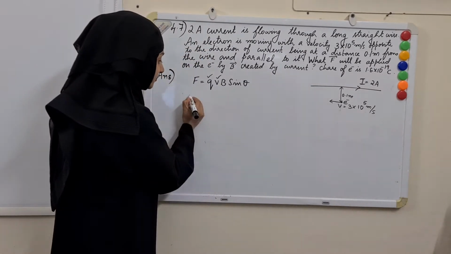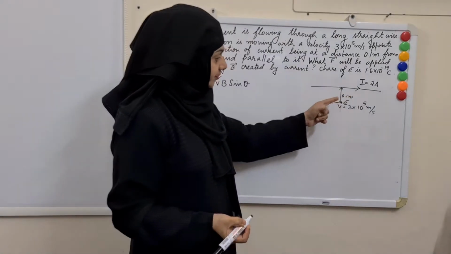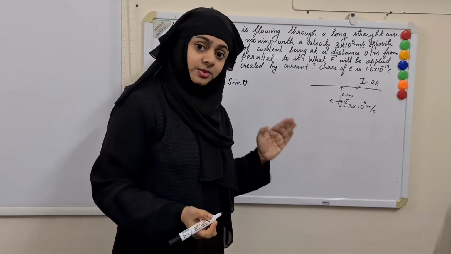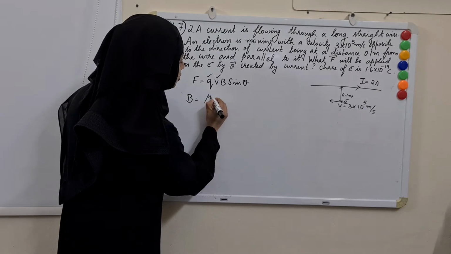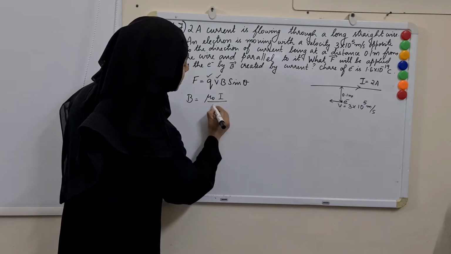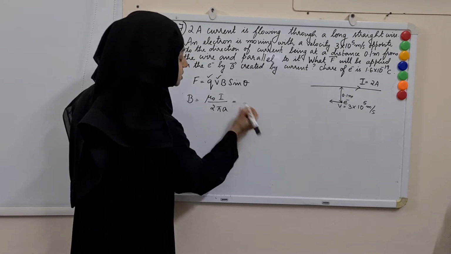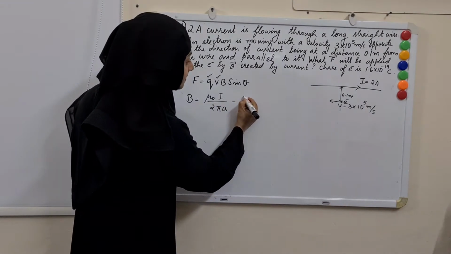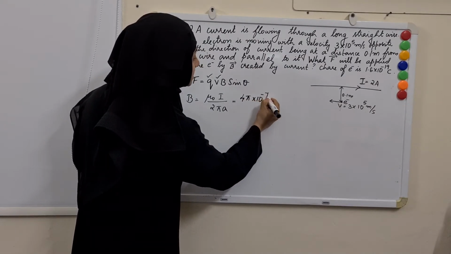The magnetic field due to a current carrying conductor at a distance A from it is given by, we have already learned the formula, mu naught I by 2 pi A. So, this is equal to mu naught, you know the value. What is that? 4 pi into 10 raised to -7.